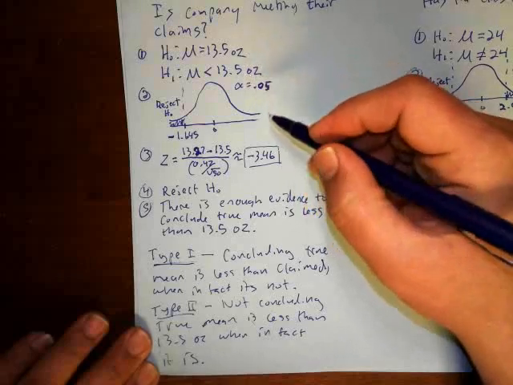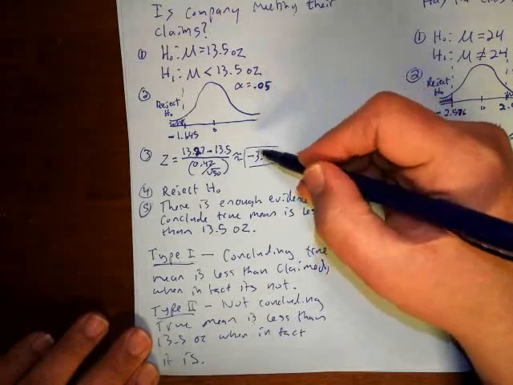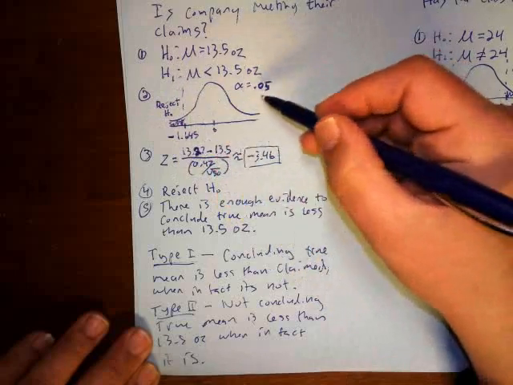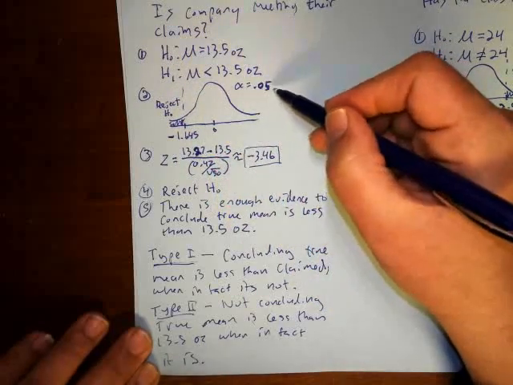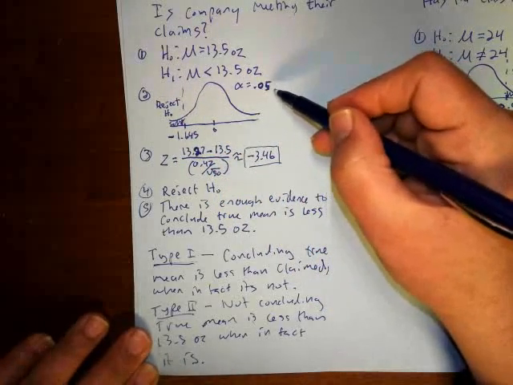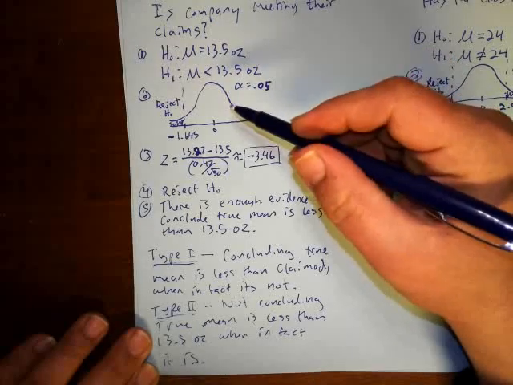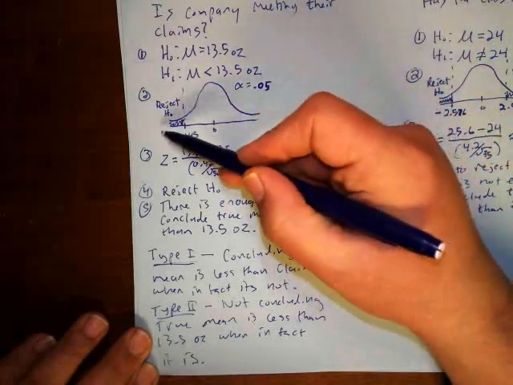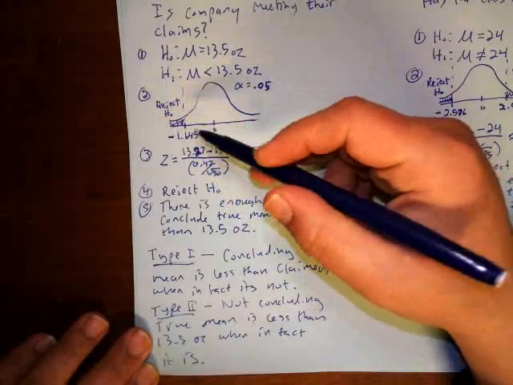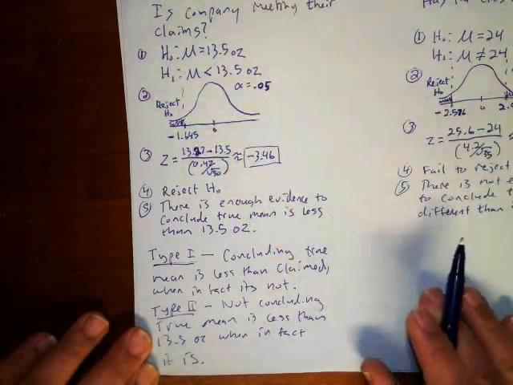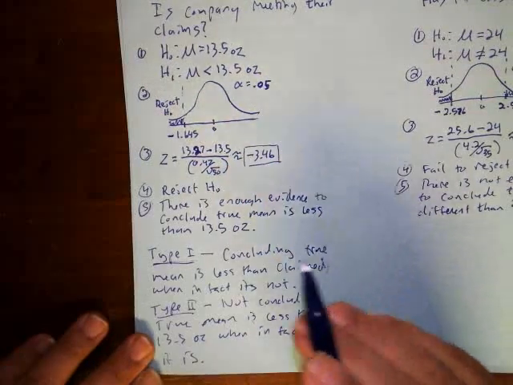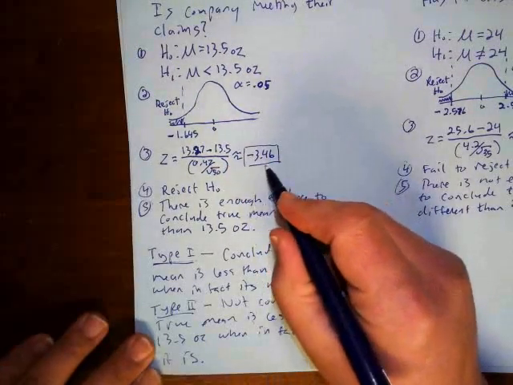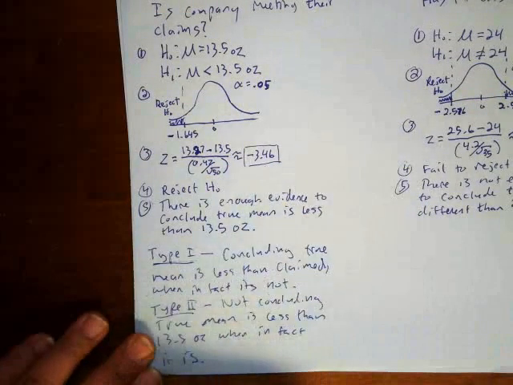But this z-score is beyond 3 standard deviations, so I could still reject it at the 0.01 significance level, right? In fact, I could reject it at all significance levels, and this is so extreme, so far below, that you would never expect that to happen. It would be very, very unusual.